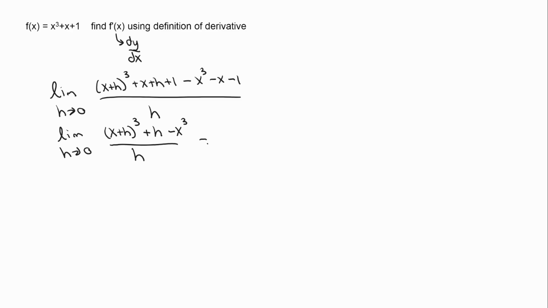Now when we expand that quantity, (x plus h) cubed is the same thing as (x plus h) times that quantity squared, and we just solved for that on the last page: x squared plus 2xh plus h squared, plus h minus x cubed, all over h.